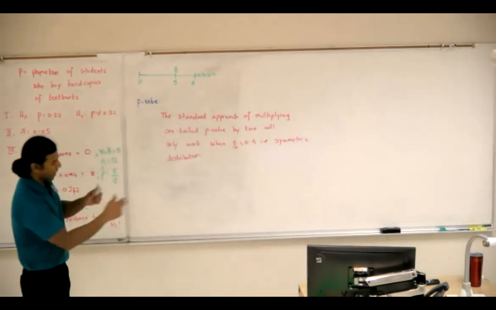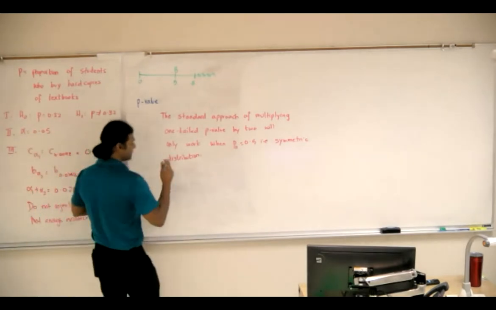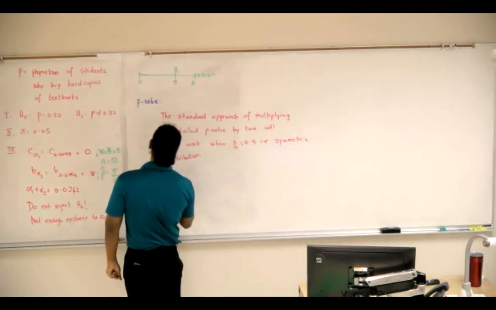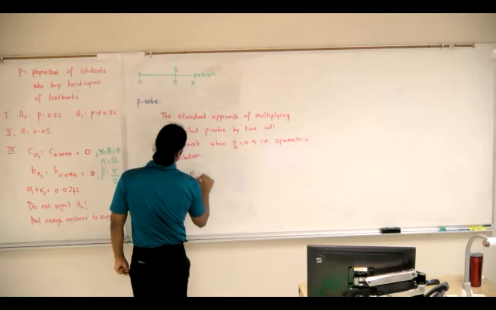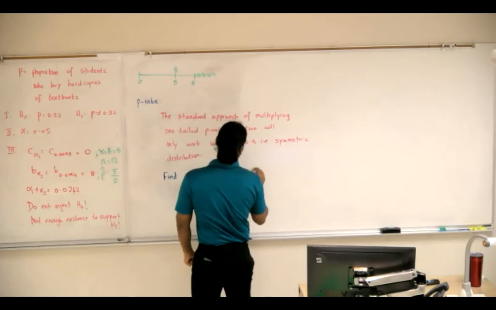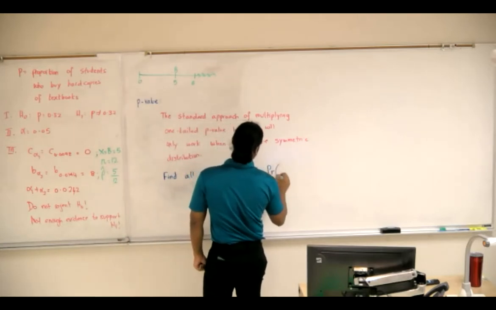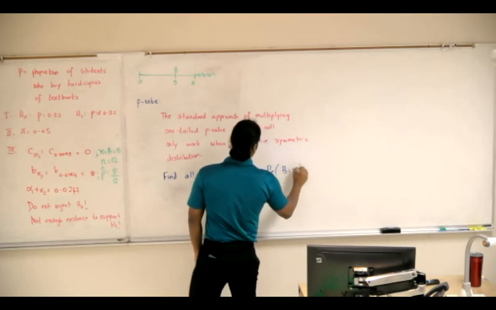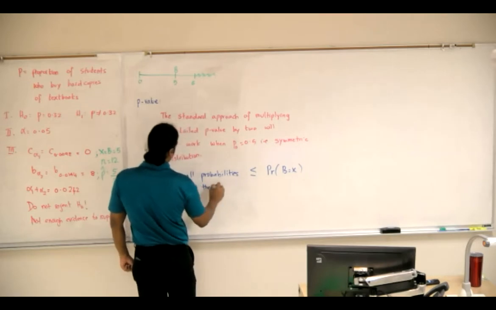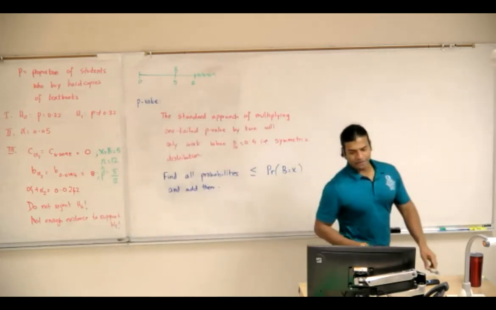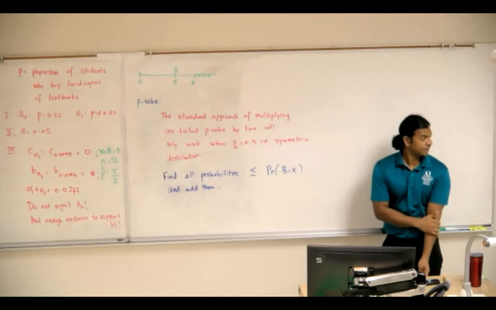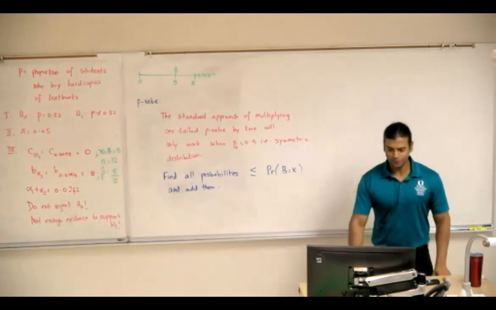Now, how do we find the p-value? Since we are looking for an extreme event for a two-tailed test, we simply have to find all probabilities that are less than or equal to the probability of B equals X and add them all together.